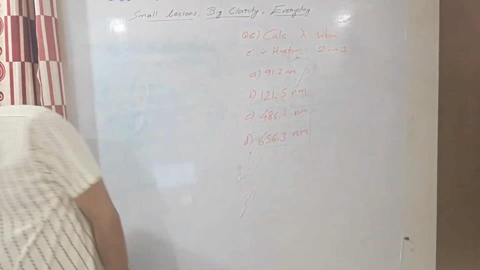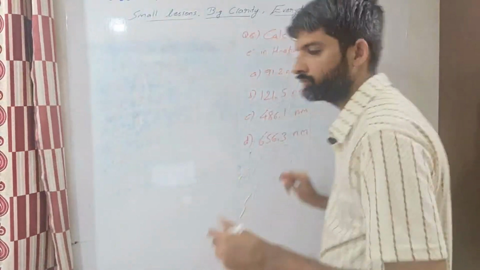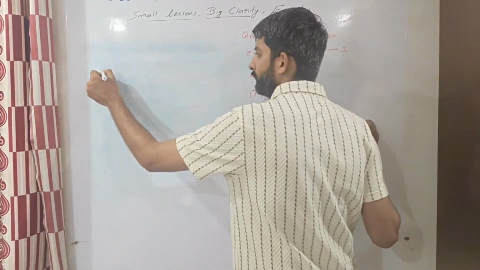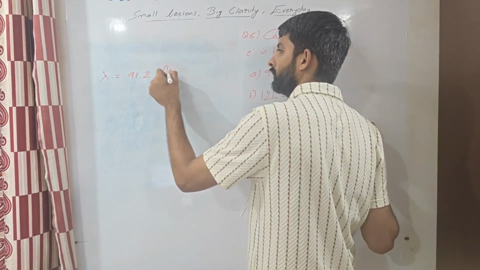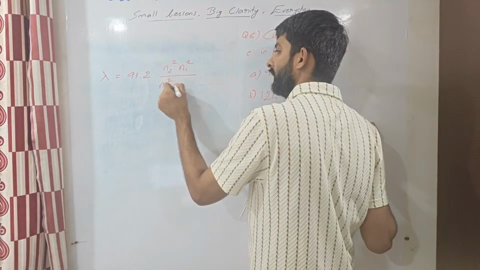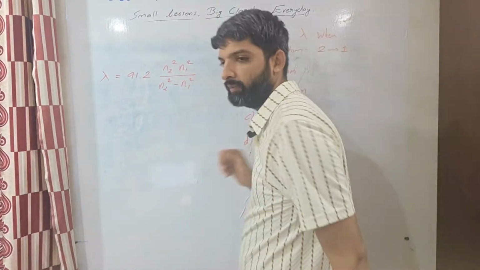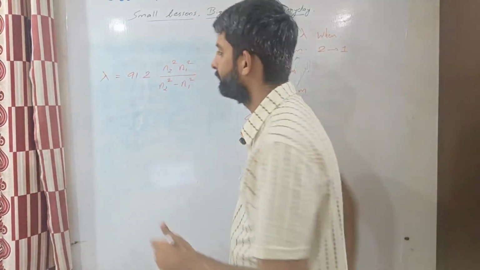Okay, let's solve. You can use this shortcut formula: 91.2 into n2 square into n1 square upon n2 square minus n1 square. You can use this shortcut formula.